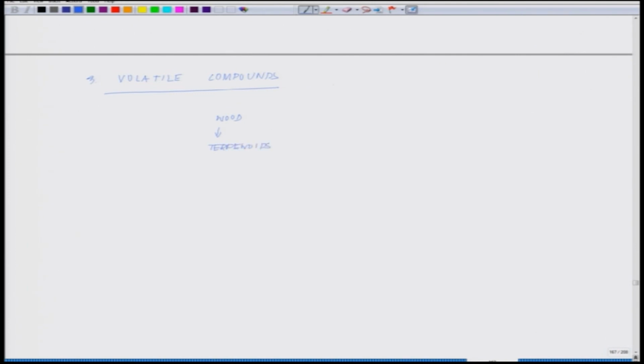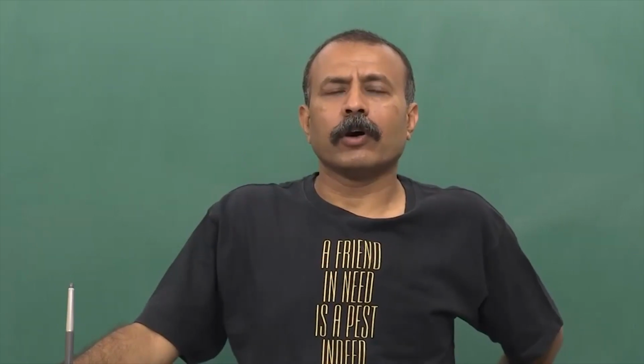So what is very important is that if the feedstock has a lot of volatile material, then the gasifier you are choosing for your industrial work should be able to destroy the tars, which are basically the product coming from all the terpenoids, and should be able to destroy the heavy hydrocarbons, because these are sources of different kinds of volatile material, and most of these volatile materials are not very healthy for humans to be exposed to.